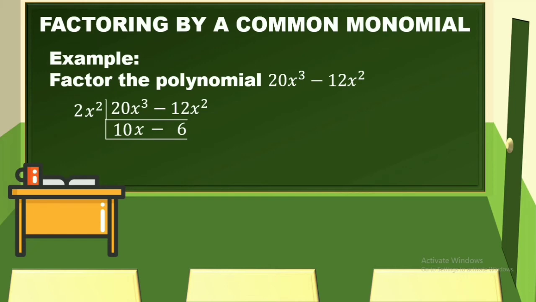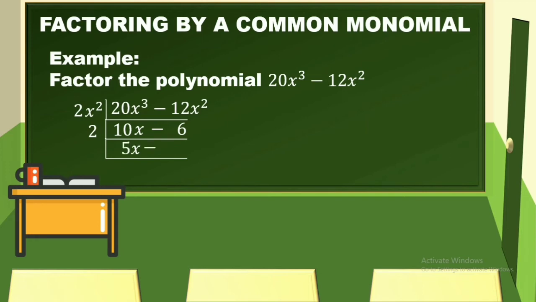Now, let us think again of a number that can divide 10 and 6. Meron pa ba? Yes, meron pa. So, what is that? That is 2. You got it. What about variables? Yes, wala nang variables. Bakit? Because 6 has no variable x. Okay? Now, let us proceed. 10x divided by 2, that is 5x.